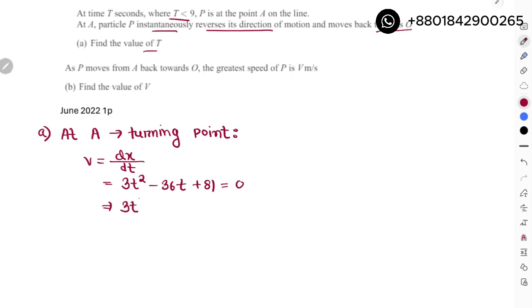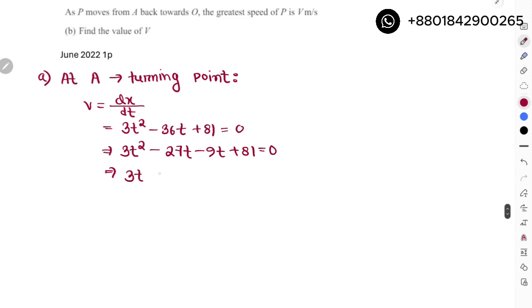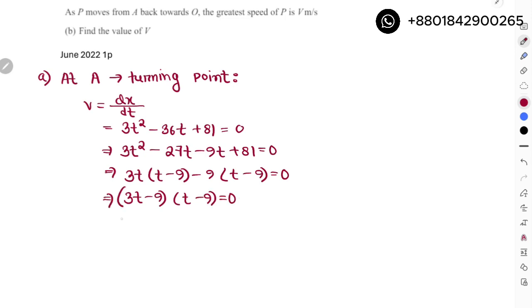So we can write 3t square minus 27t minus 9t plus 81 equals 0, and then take 3t common. So you have 3t minus 9, t minus 9 equals 0, and finally you can get t as 9 over 3, which is 3, and t as 9 seconds, right?